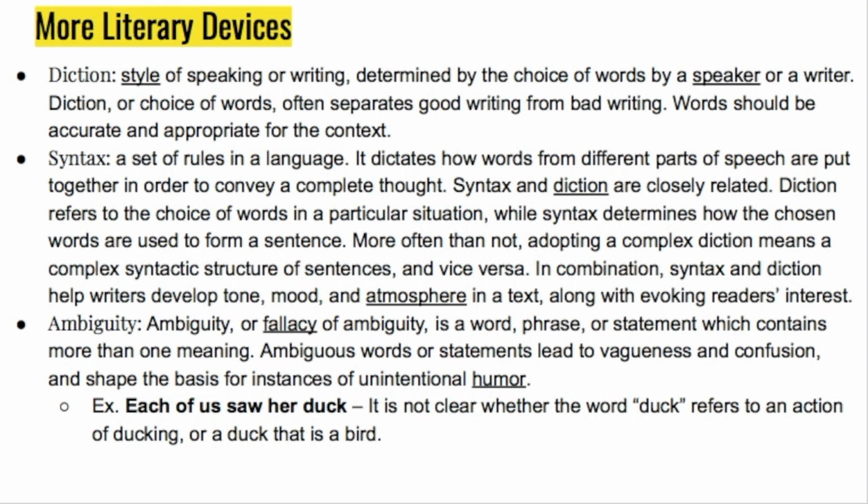Syntax is the set of rules in a language, so it's the order in which we place nouns and verbs, in a nutshell. They are closely related. Diction refers to the word choice, and syntax determines how the chosen words are used to form a sentence. So, diction, think word choice. Syntax, think how you organize it.